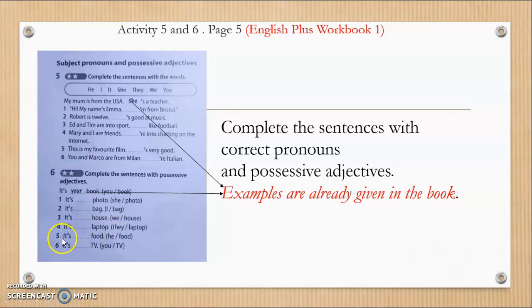And number 5, we have he. So it's his food. And number 6, you have you. It's your TV.